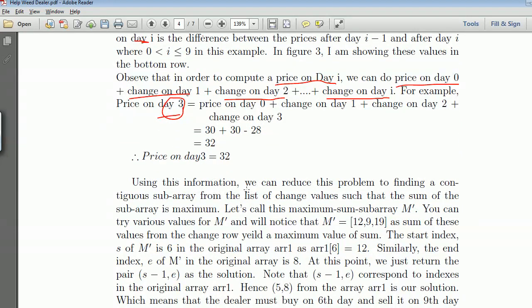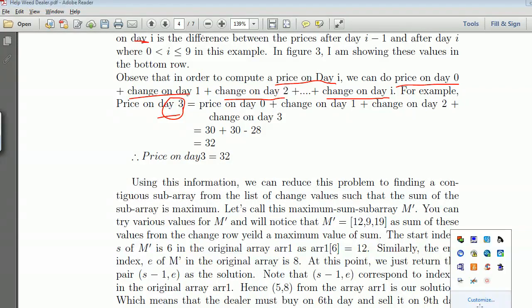So using this above piece of information, we can reduce this problem to finding a contiguous subarray from the change values, such that the sum of the subarray is maximum.